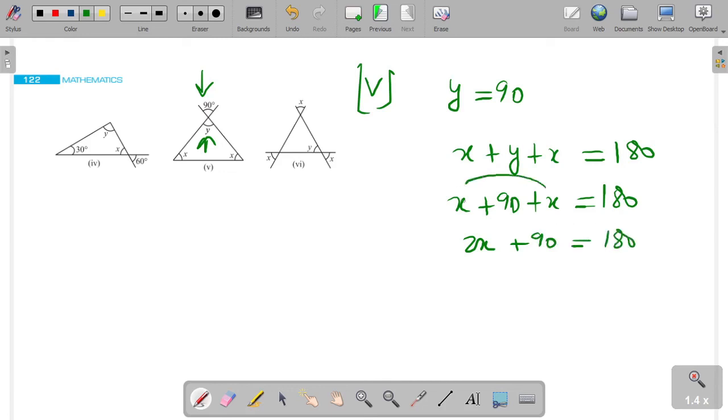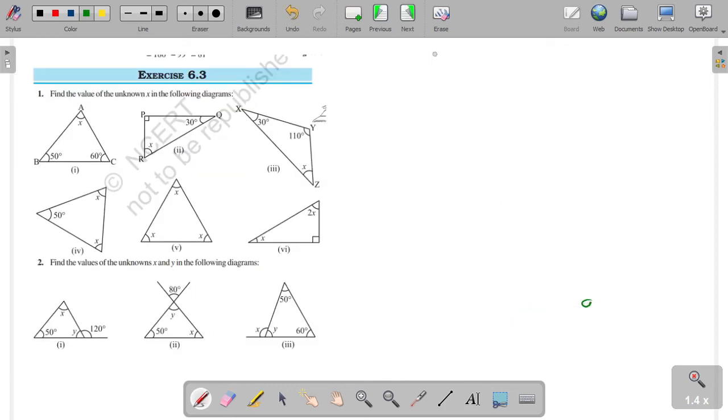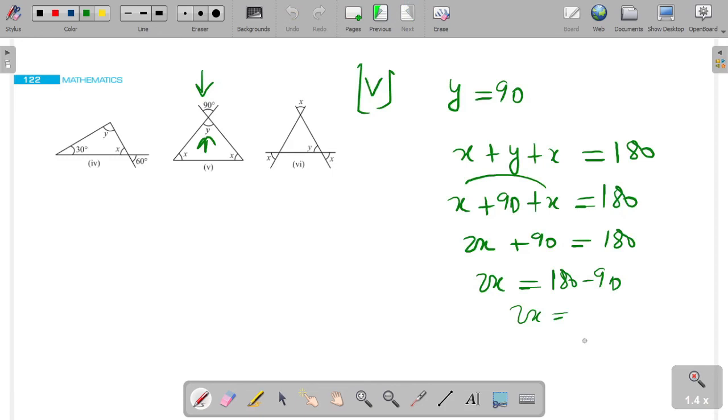We will combine these, and 2x equals 180 minus 90, and 2x equals 90, and x is equal to 90 upon 2, that is 45. This is fifth part.